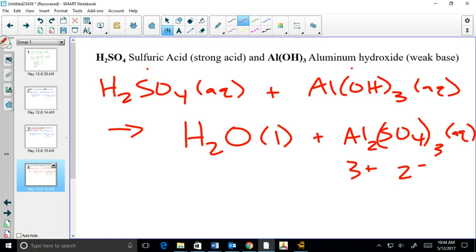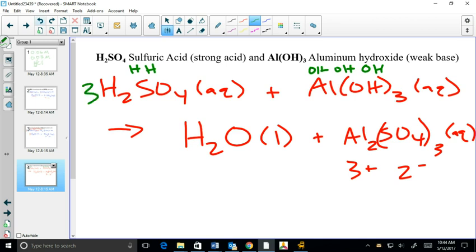Now, you notice that I have 3 OHs and 2 H's. Well, that's not going to work. I need to balance those out. If I put a 2 here, that's going to only give me 4 H's, but then I have extra H's and need more OH's. So we can't put a 2 there.